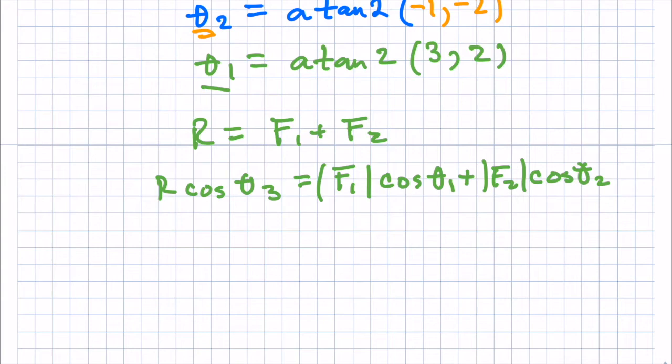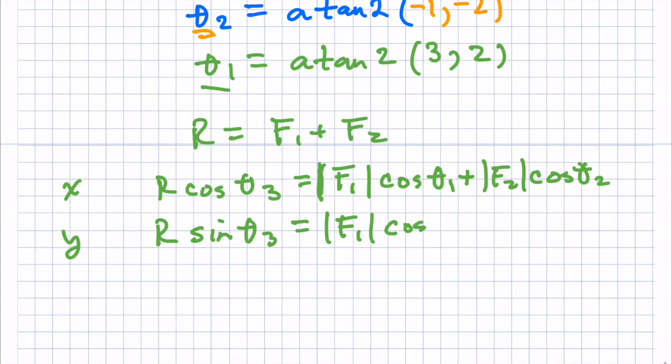Now we have an equation. This is the absolute value sign. And we can get another equation by looking at the vertical components. This is the x component, this is the y component, and that's supposed to be sine.